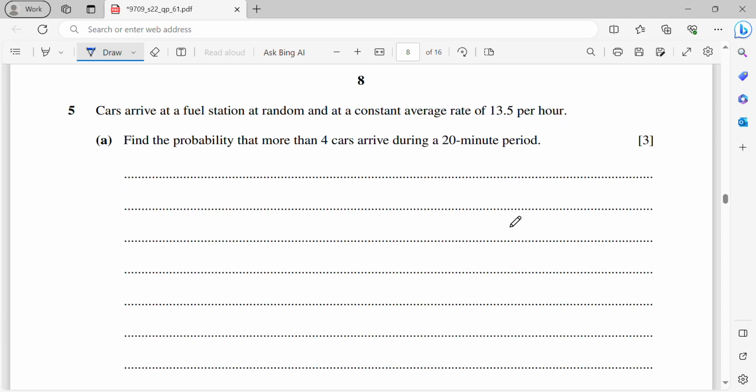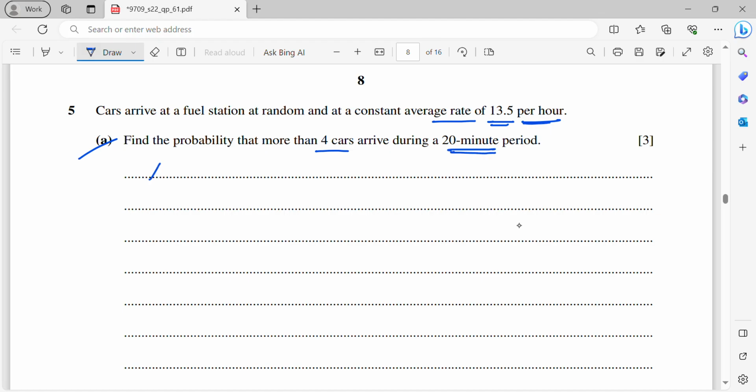Now question 5. Cars arrive at a fuel station at random and at a constant average rate of 13.5 per hour. When you are given per hour, this is Poisson distributed. Now A, find the probability that more than 4 cars arrive during a 20 minute period.